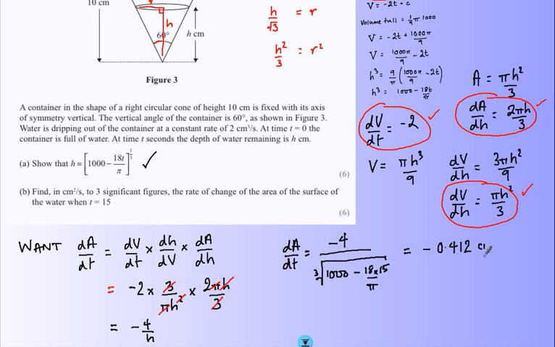And that'll be centimetres squared per second.